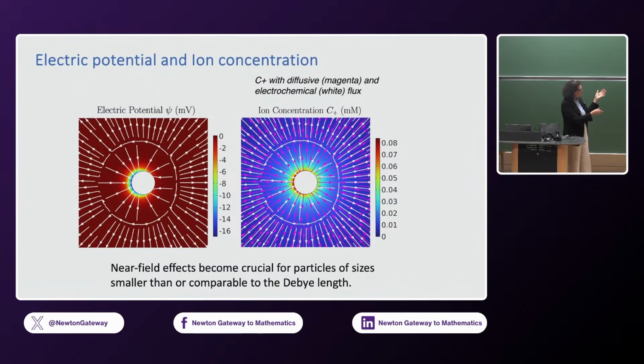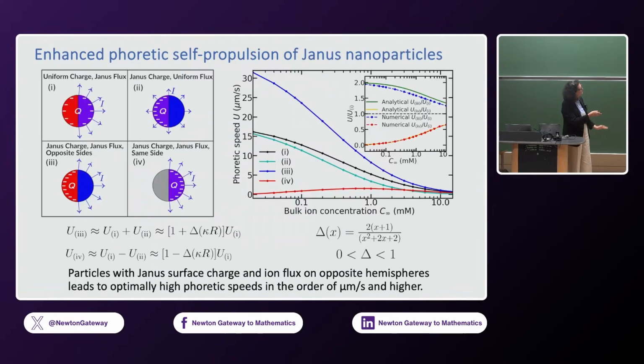The interesting thing is that the potential is very asymmetric around the particles. And this is like a near field around where there is a gradient of the charges. You can actually have the effect of asymmetry that causes the mobility in this direction for the particles. Because you can have different diffusivity of the positives, and then you also have the flux that is changing the concentrations from right to left.